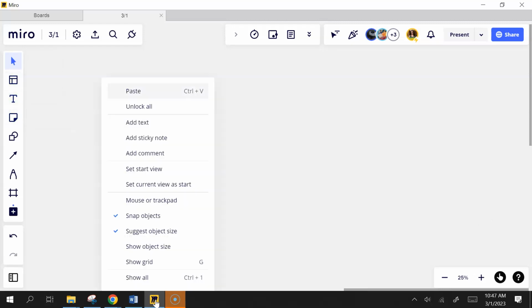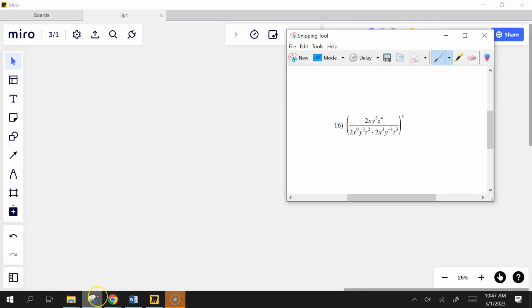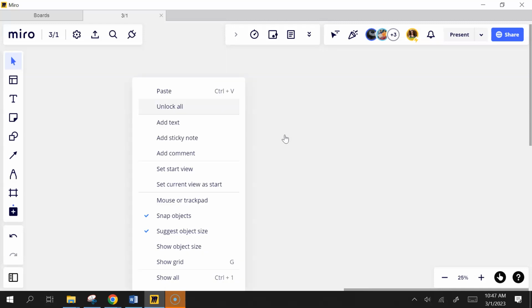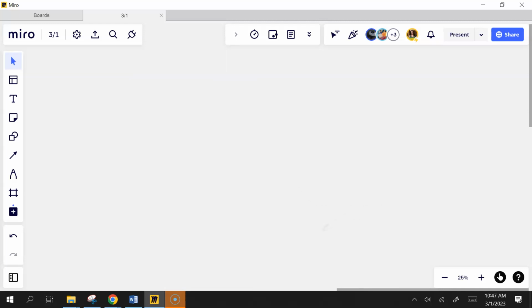I did. Like 8 and 16, gotta get it. Oh, cool. I mean, when you snip it, it automatically goes to your clipboard.